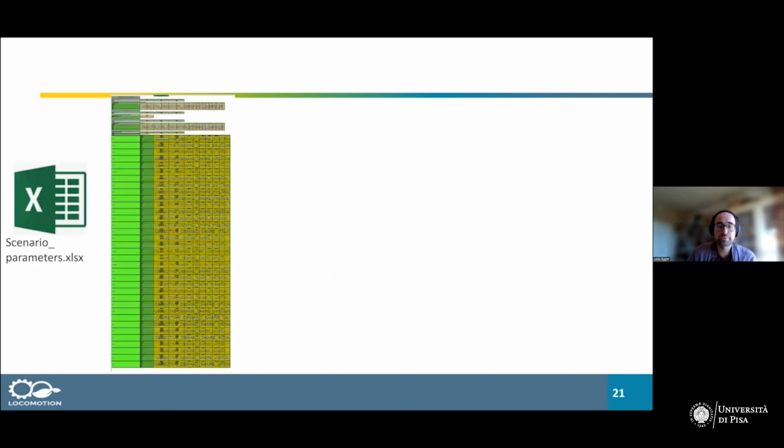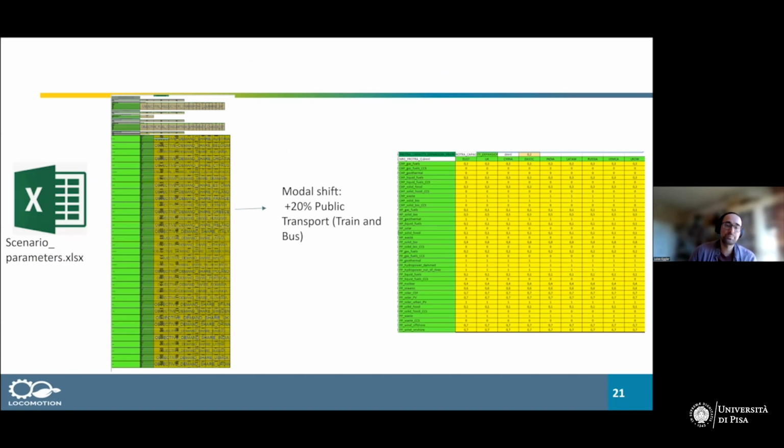So okay, let's reduce consumption in one sector, for example. As I mentioned, we have a relatively detailed transport submodule. So let's do two things. Let's do a modal shift of plus 20% of the person transport shifted from individual transport to public transport, like train and bus.